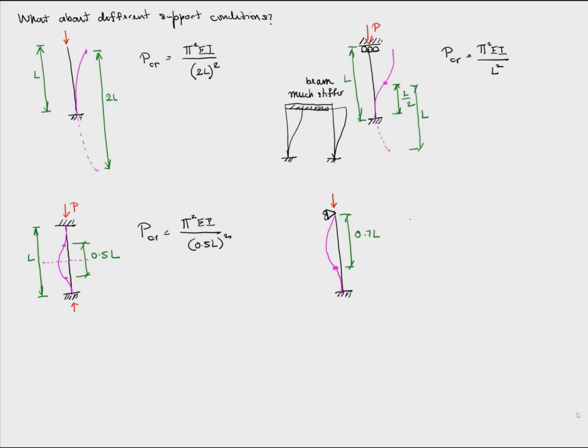So the critical buckling load of a fixed-pin column is pi squared EI over (0.7 L) squared.